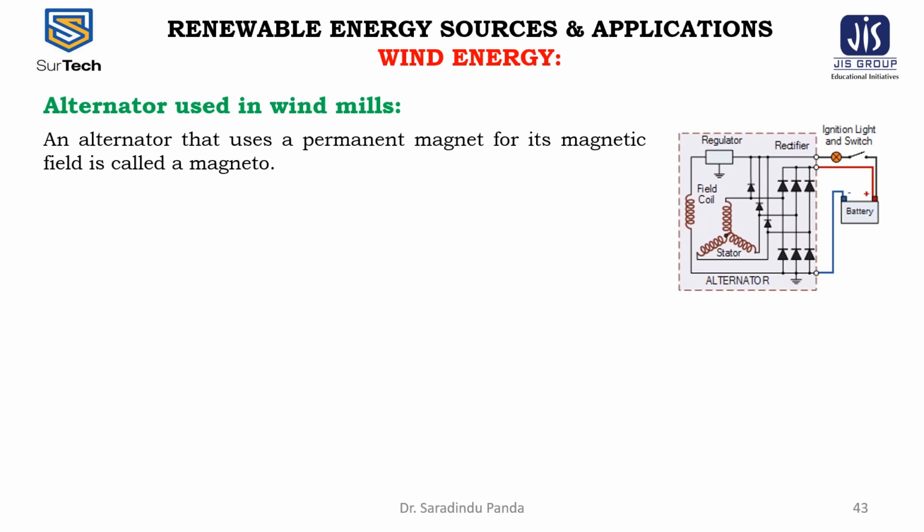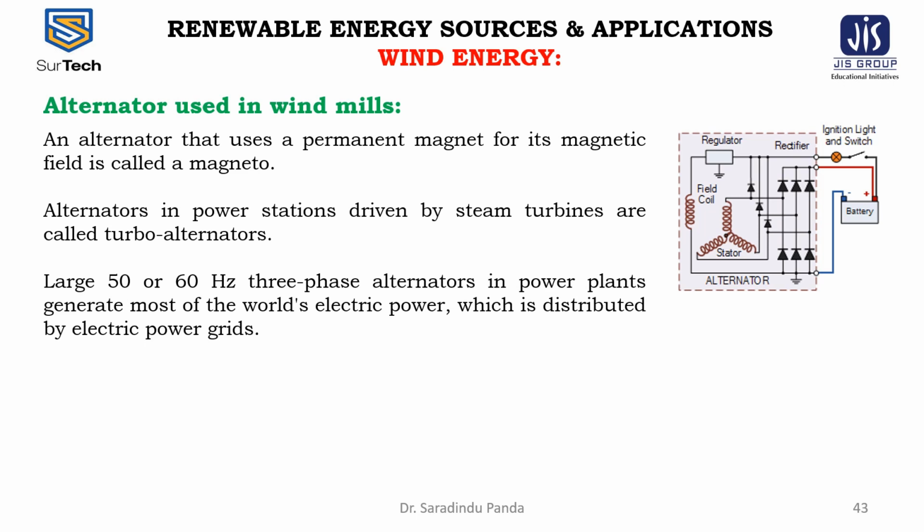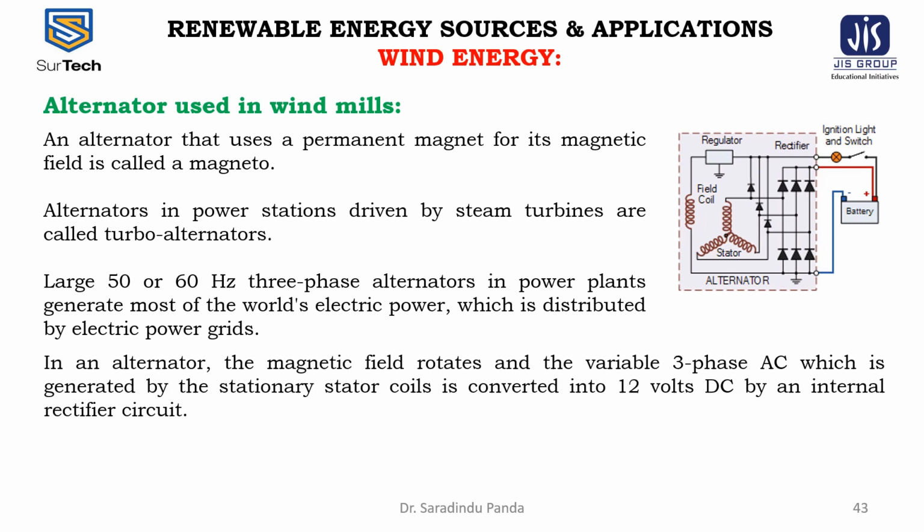An alternator that uses a permanent magnet for its magnetic field is called a magneto. Alternators in power stations driven by steam turbines are called turbo alternators. Large 50 or 60 Hz 3-phase alternators in power plants generate most of the world's electric power, which is distributed by the electric power grids.